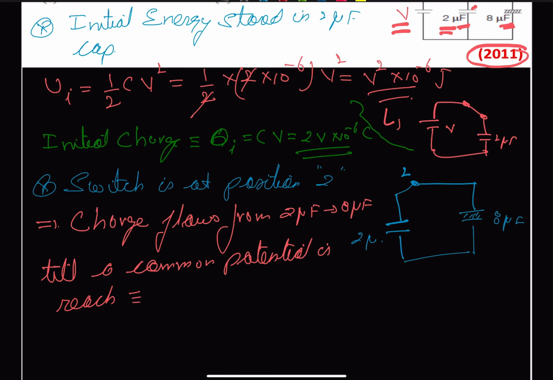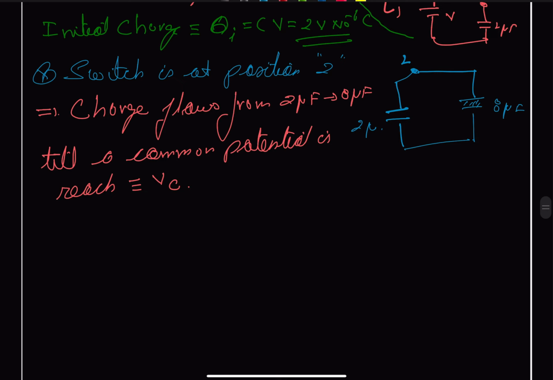Let us suppose that the common potential is given as Vc, and we can easily find out the value of Vc. This Vc will be equal to total charge divided by total capacitance. And the total charge is only our initial charge, because the 8 microfarad capacitor doesn't have any charge.